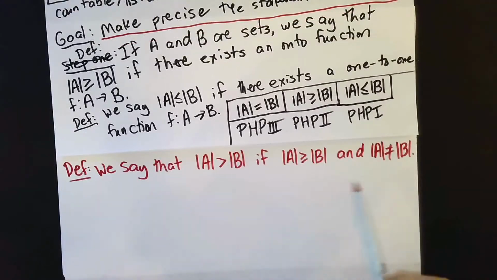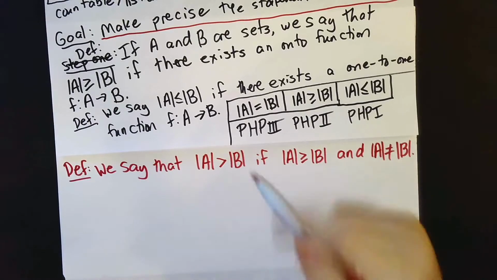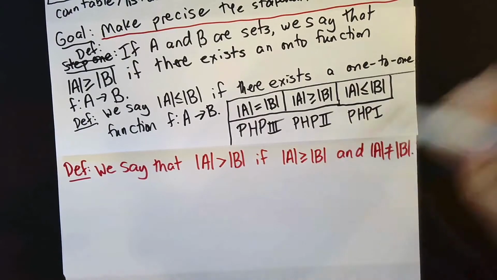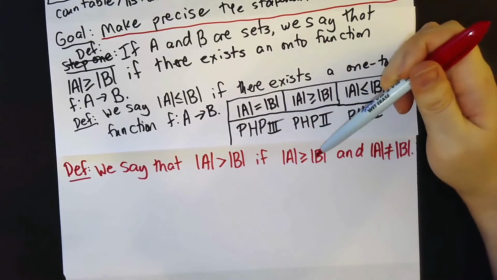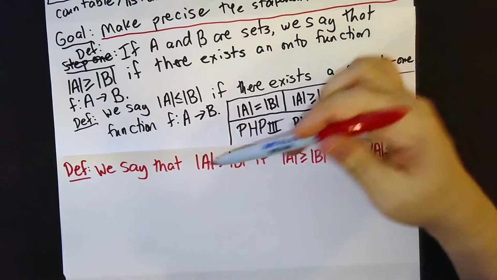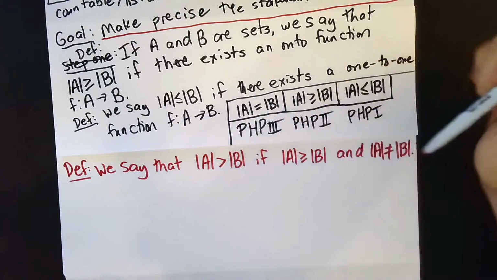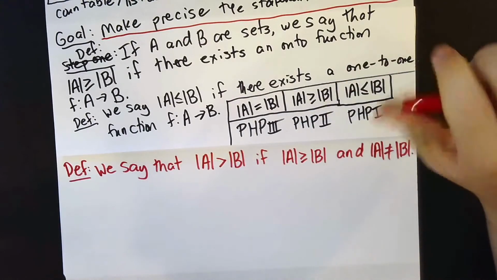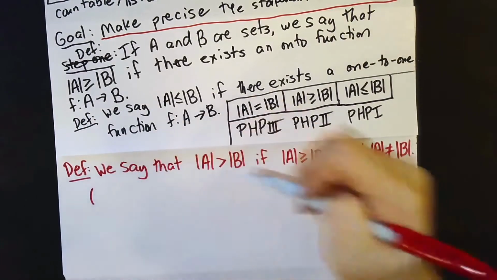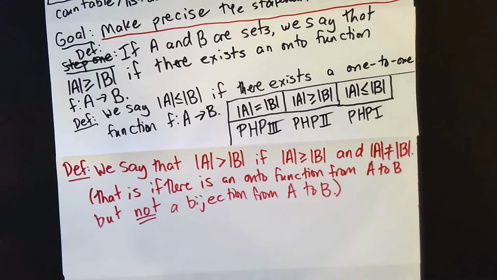So here, in terms of our definitions from before, we say that the size of A is larger than the size of B, strictly larger, if the size is greater than or equal to, and the size isn't equal. But this is now sort of seeming tautological or like nonsense or like I'm not really defining anything. And I promise I really am defining something, but it'll look more like a definition if I rephrase what these 2 things say.